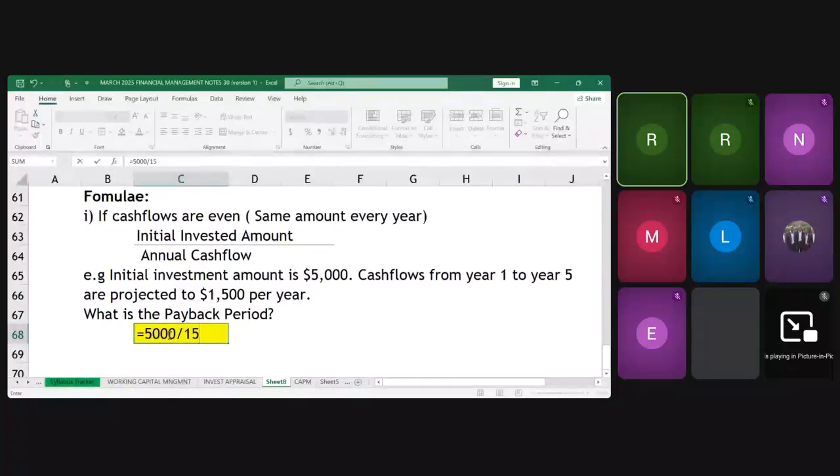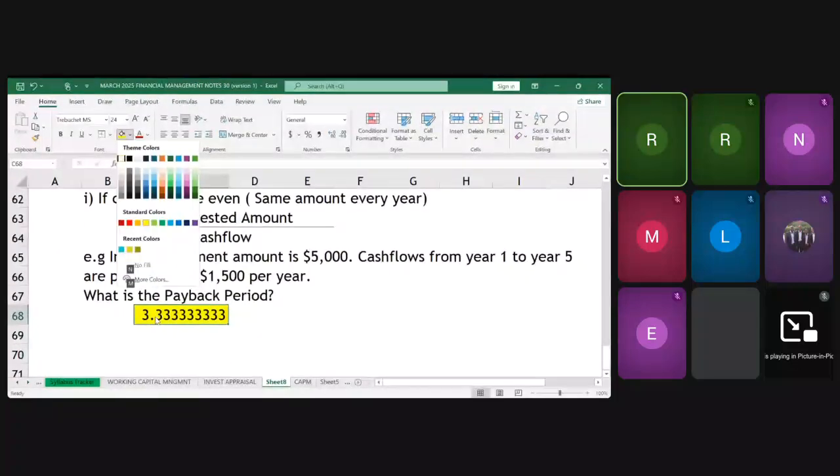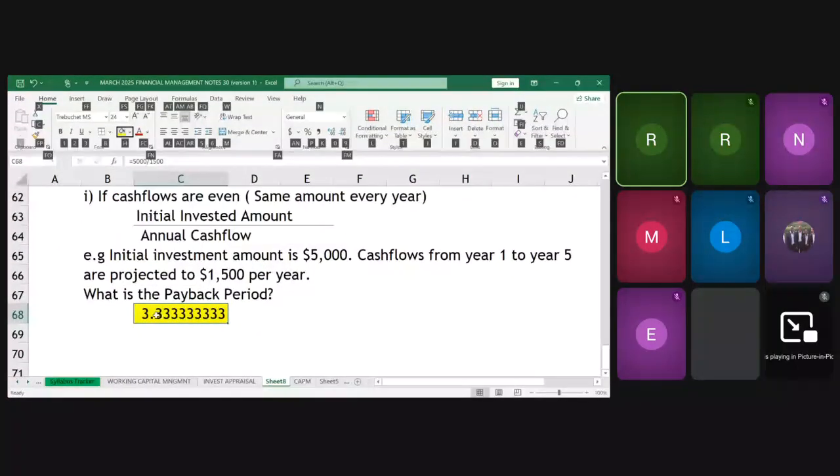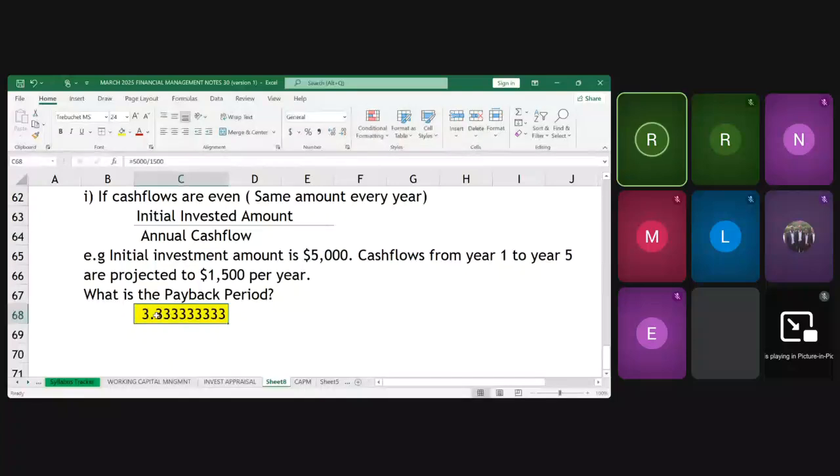So that is 3.33 years. That is the payback period. Our money is going to be recovered in 3.33 years. That is to say, if cash flows are even.